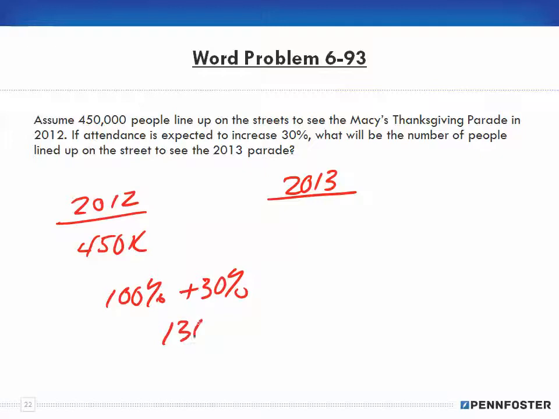That's 130%. Okay. What will be the number of people lined up on the street to see the 2013 parade?